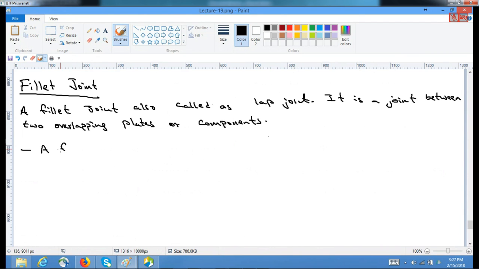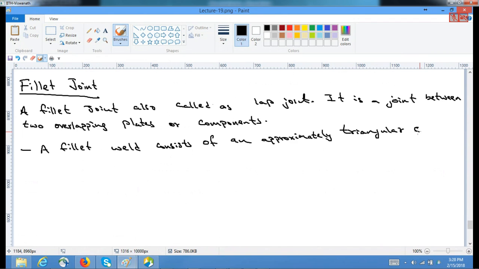Further, a fillet weld consists of an approximately triangular cross section joining two surfaces at right angles to each other.